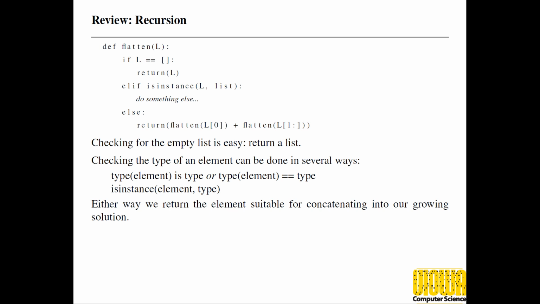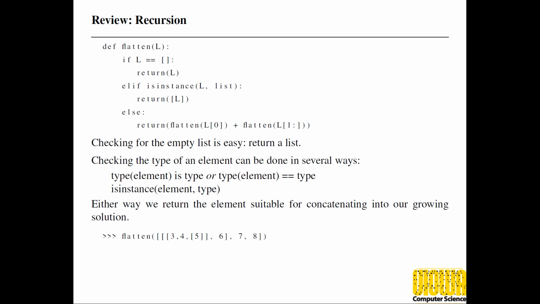So I need to return a list of one element containing that integer. So in the first case, I just return the empty list. In the second case, I return the list of that integer. And that would give me a list here, plus presumably the flattened version of a list here. And I would concatenate those together.